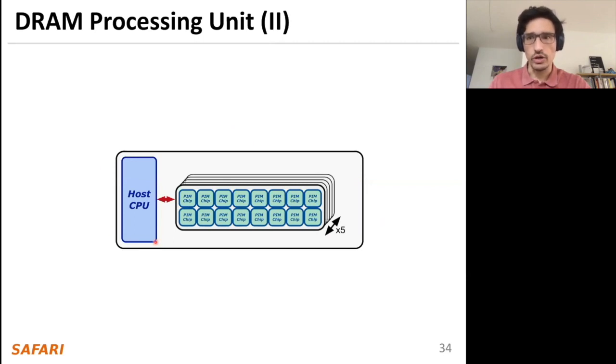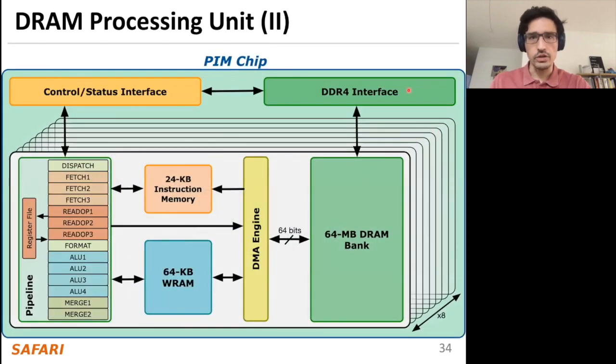Recall that this is our current UPMEM system with a number of DIMMs, each of them with a number of PIM chips, and each of the PIM chips internally looks like this. In particular, in the current chips, we have 8 of these slices, each of them containing a 64 megabyte DRAM bank and the processor. And as you can see here, the pipeline of the processor is connected to the DRAM bank through a DMA engine.